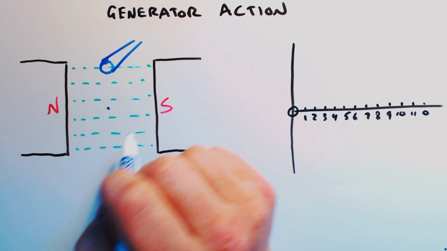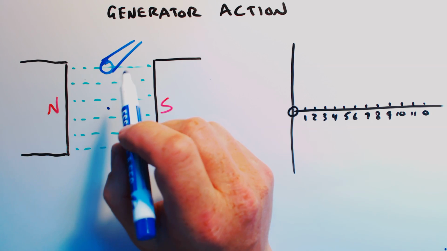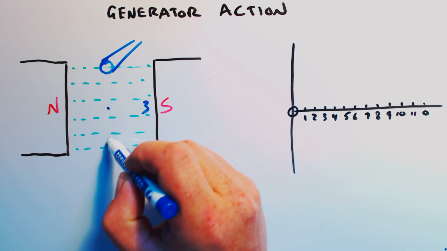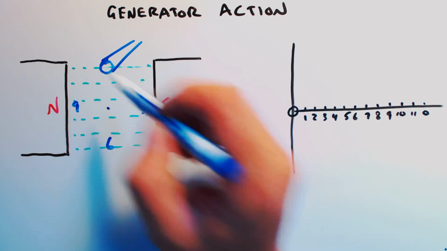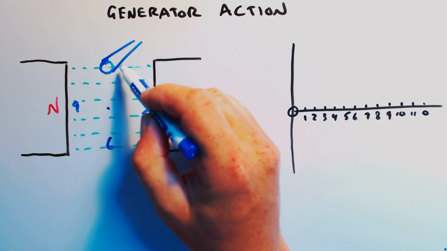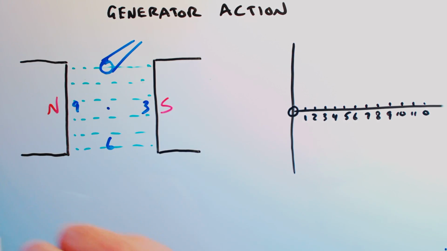It's going to go through a number of positions, which we're going to label just like the hours on a clock, from 0 or 12 to 3, 6, 9, and back, and of course all the intermediary numbers in between there. So 1, 2, 3, and so on. Hopefully you're familiar with what an analog clock looks like.